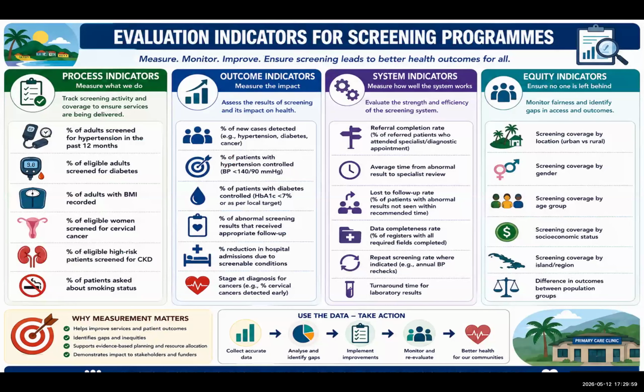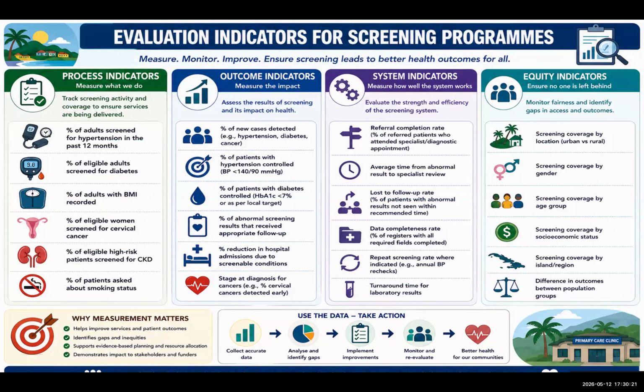So how are we going to evaluate the screening programs? There are multiple indicators we need to look at. So the process indicators: how many of the eligible adults are screened for diabetes, hypertension, how many BMIs are logged, essentially, how many people are getting the screening done.